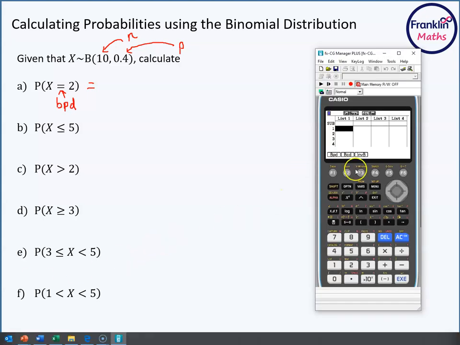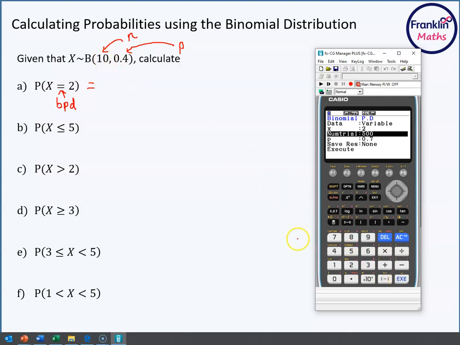Okay. So BPD, we're just going to fill in. We're not using a list. If you press list there, it tries to calculate from a list. We're using variable data, which is how this is written. X in this case is 2, because it says that X is equal to 2.